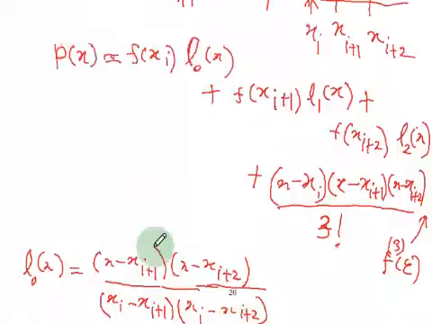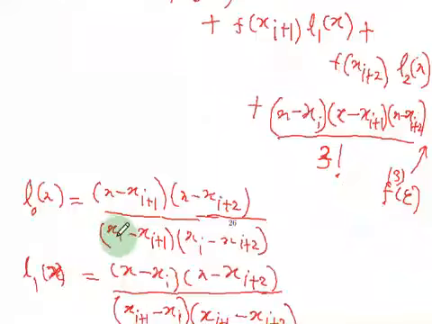You write everything with xi minus other points, all linear factors.